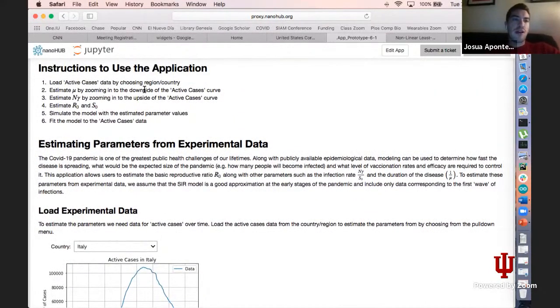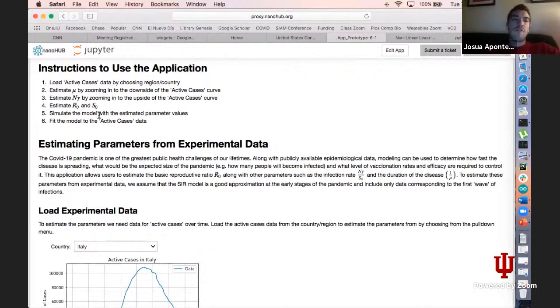The first part, the user needs to load the active cases data. Then they have to estimate mu by zooming in on the downside of the curve of the active cases. Then they have to estimate n times gamma by zooming into the upside of the active curve. Once those two have been estimated, then we can estimate R0 and S0.